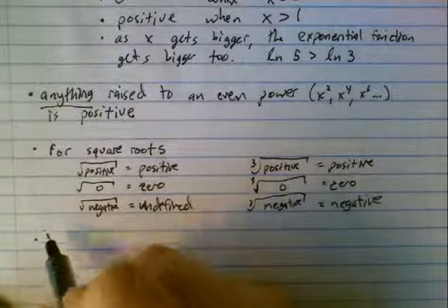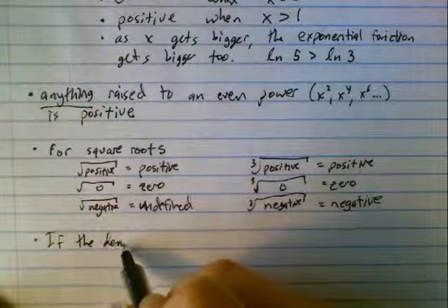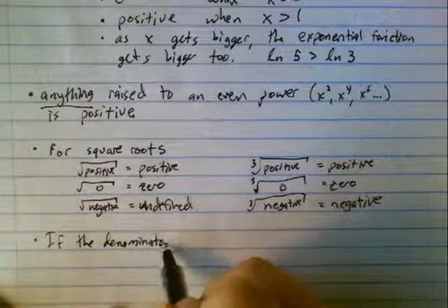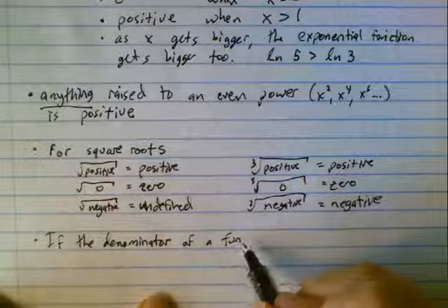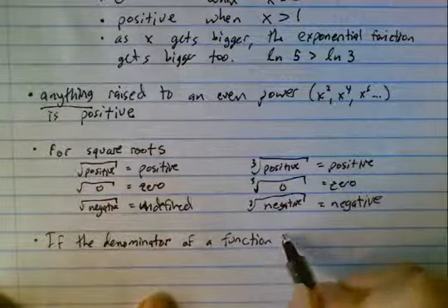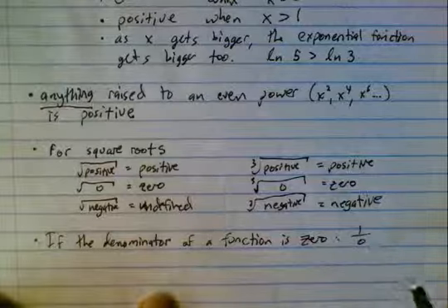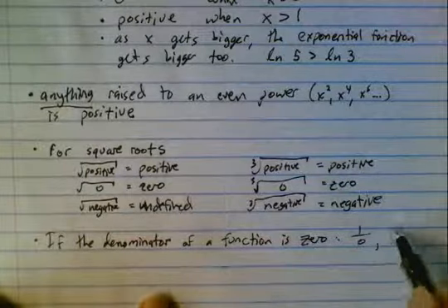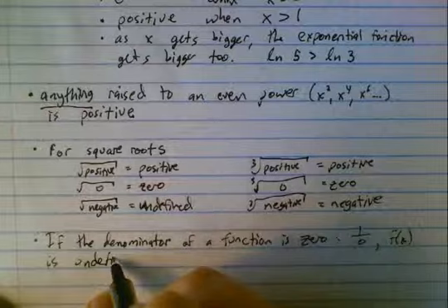Other random factoids. If the denominator of a function is 0, so for example, 1 over 0, f of x is undefined.